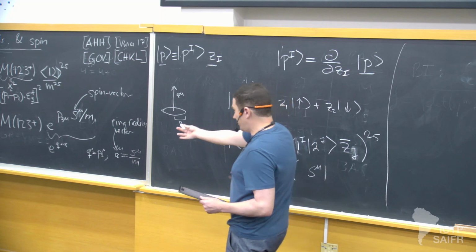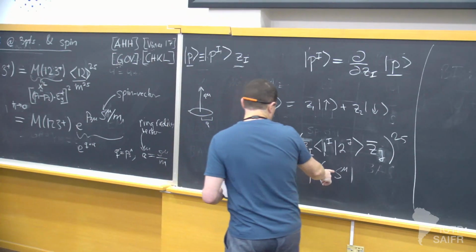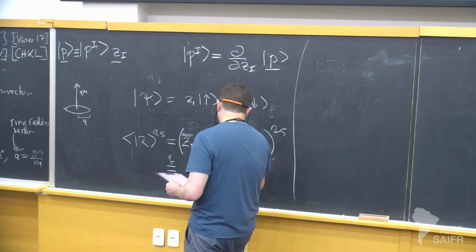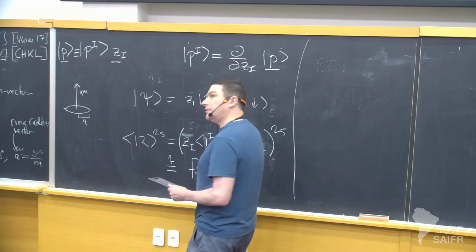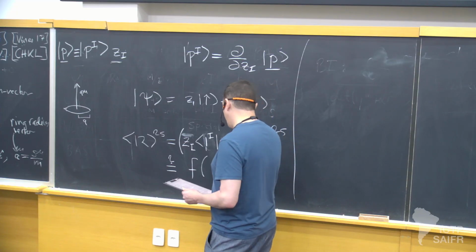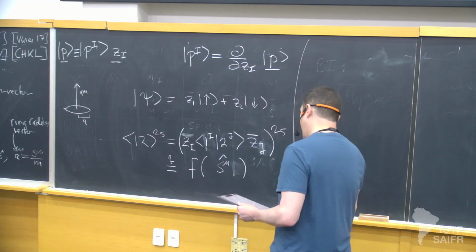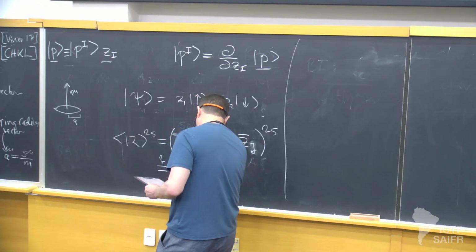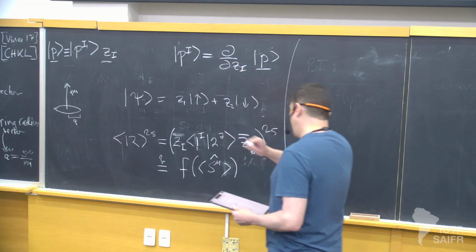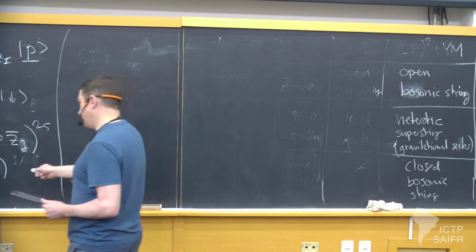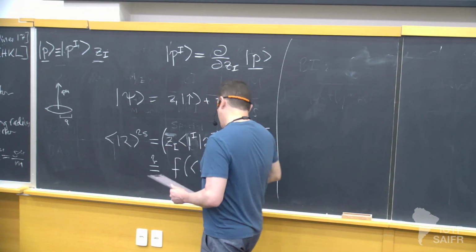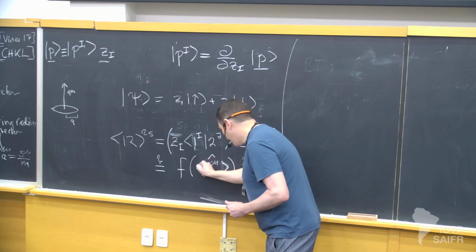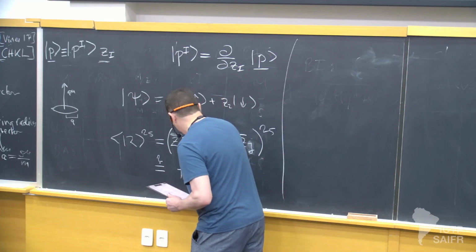For now, of course, we know that the function is going to be an exponential, but let's assume it's a generic function. And furthermore, I want to make it a function of the quantum mechanical spin operator. But of course, it's really a classical object, so then I have to take the expectation value of that operator. So that's basically what I want to do. I want to go from there to here. And you can kind of see that this expectation value might have something to do with those guys. That's not a coincidence.